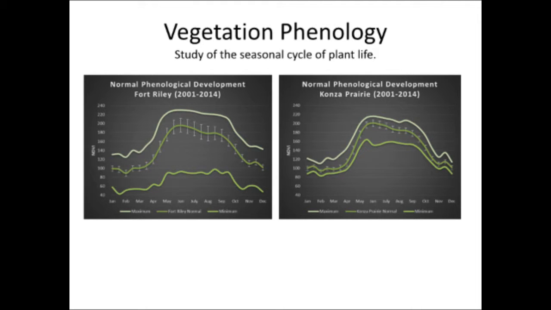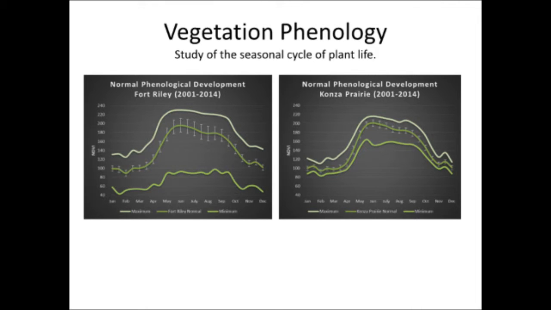So the darker blue line here in the middle is the average, and I've got error bars there. It gives you an idea of the variability in NDVI for each of those 23 composite periods. The line up above is the maximum recorded NDVI over that 14-year period across all 23 composite periods, and the lower line is the minimum.